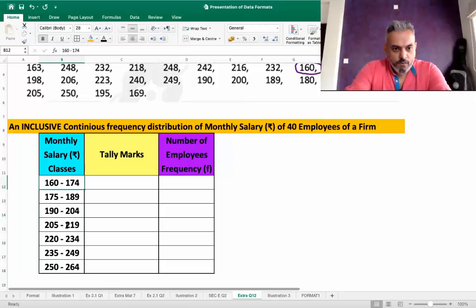That's it. 1, 2, 3, 4, 5, 6, 7. Now, if it is inclusive, please have a recheck once again कि proper है कि नहीं, कोई गलती तो नहीं हो गया है. Seems good. Okay. Now we start with tally marks.